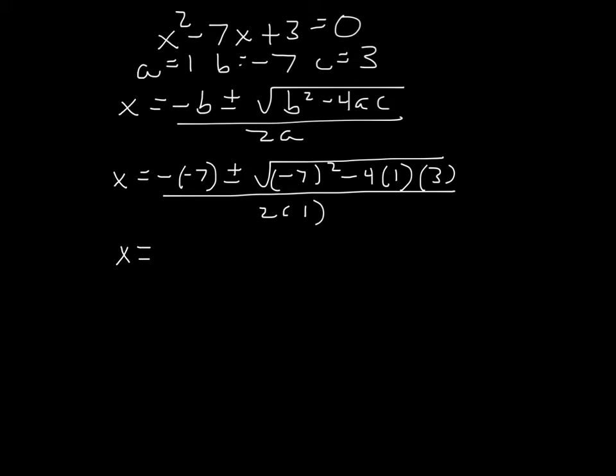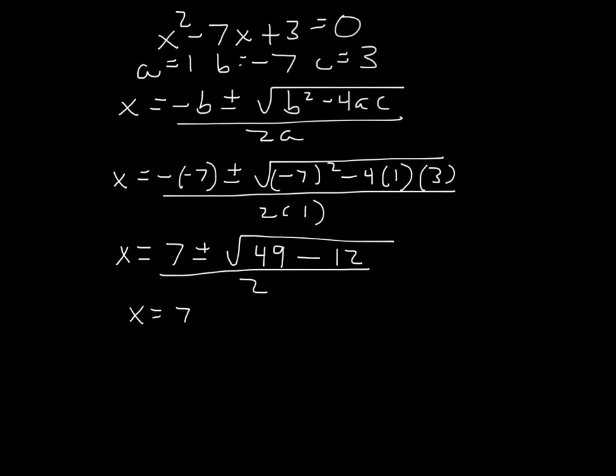So negative negative 7 is positive 7, plus or minus square root. Negative 7 times negative 7 is positive 49, minus 12 all over 2. So already it looks a little better. Let's keep going.